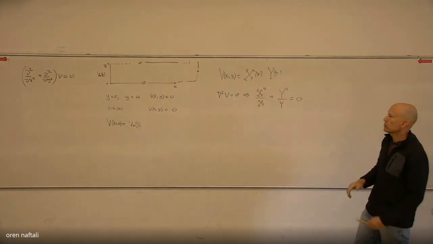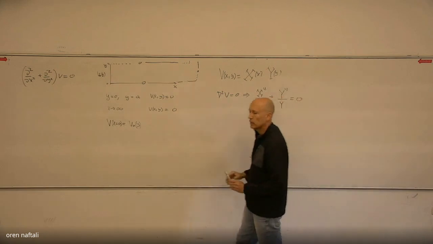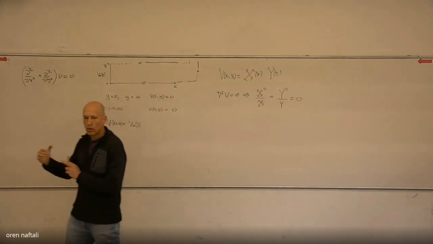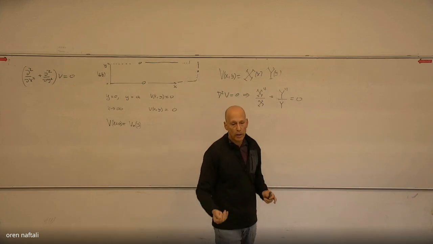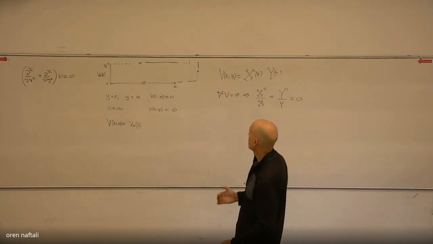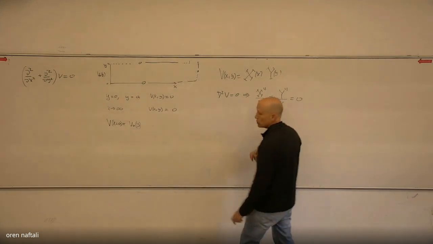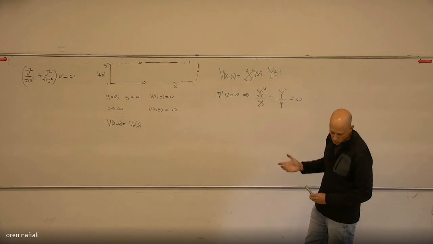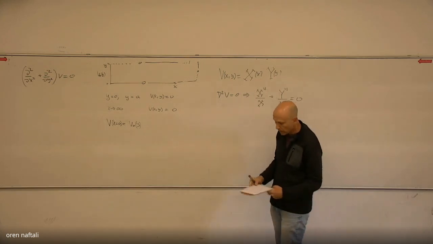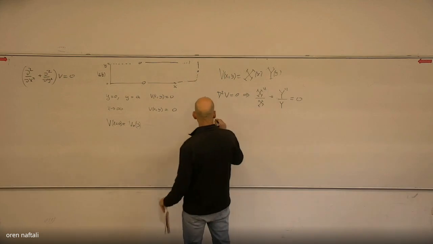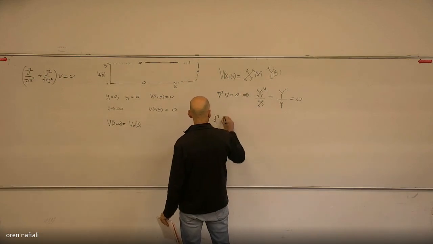If two functions, whatever they are, one of them depends on x, one of them depends on y, for all x and all y, how can they be the same? It's only if these two guys are a constant. And this is what you do, and we can define this constant. And then we get, the advantage here is that we get two equations.